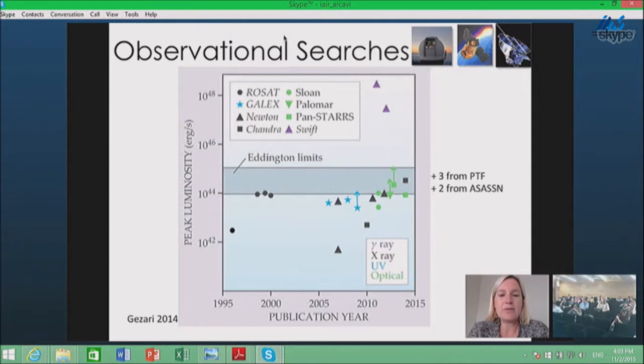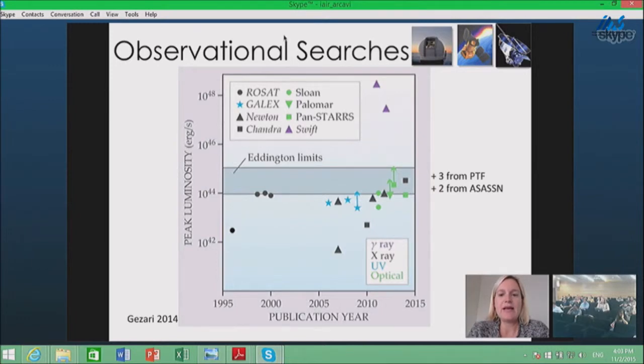I did a lot of work with the GALEX satellite at ultraviolet wavelengths, and now there's been an explosion of candidates, or at least a real increase in candidates, by taking advantage of the cadence and area and difference imaging of optical time domain surveys.